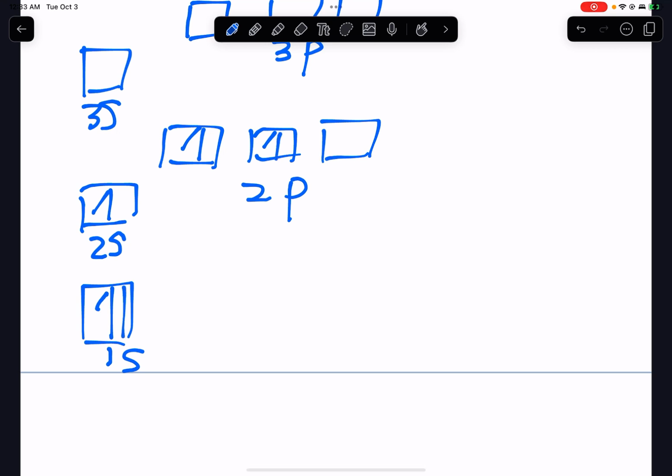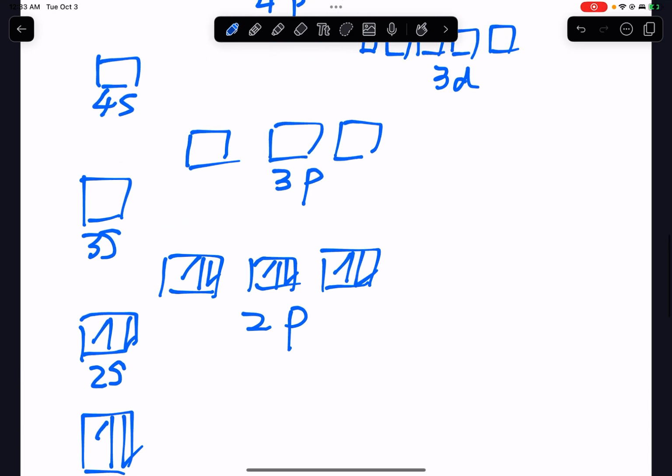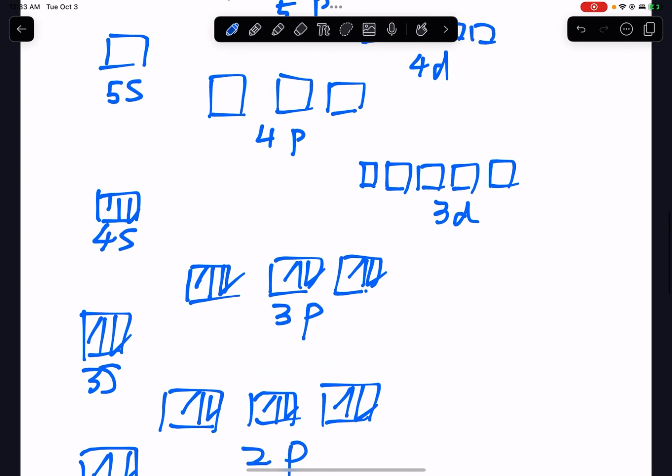Oh, sorry, so this should go like that. 1, 2, 3. Then 1, 2. See, this is how you properly use the rules that we just learned.